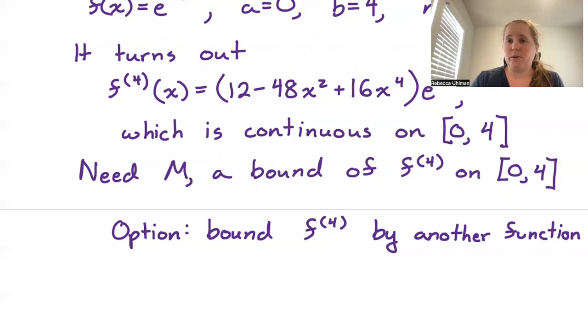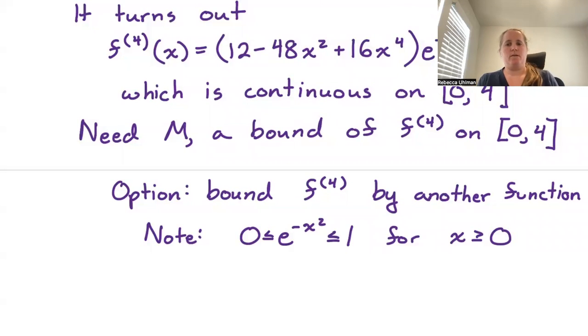Again, e to the negative x squared is trapped between 0 and 1 for x greater than or equal to 0.